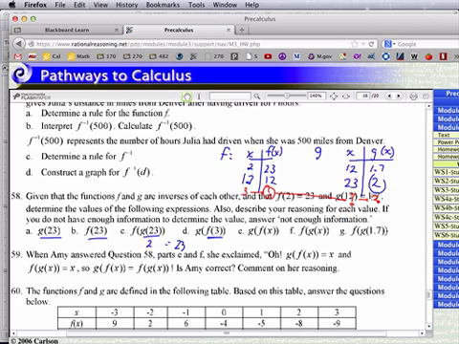It'll be 3. Why? Because G is going to undo whatever F did. So we don't need to know that middleman, because if you put 3 into F, it'll give you something. But if you put it through the reverse process, G, it'll give you back what you started with. So even though we don't know what F of 3 is, we still know that G of f of 3 is 3.